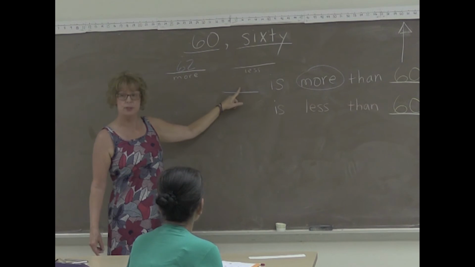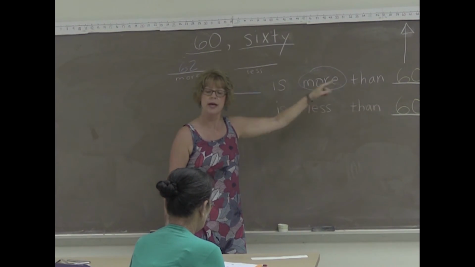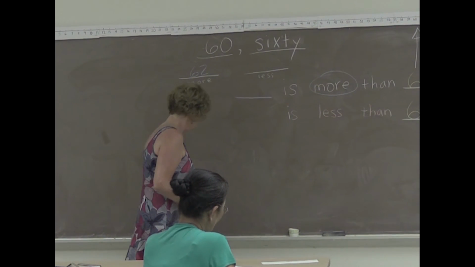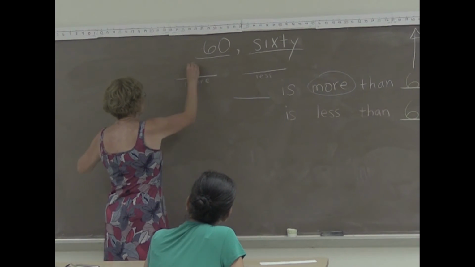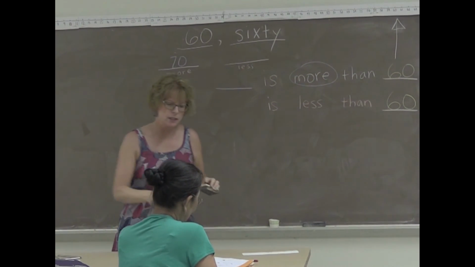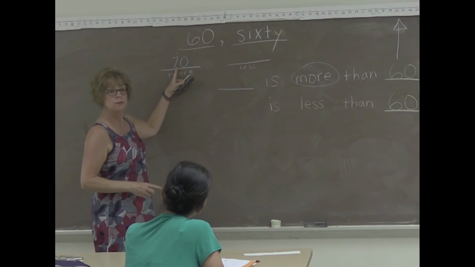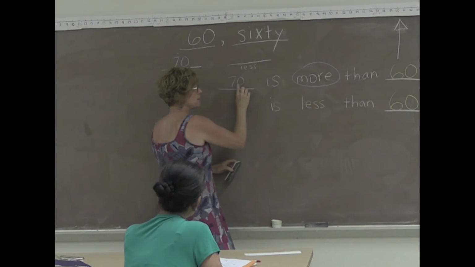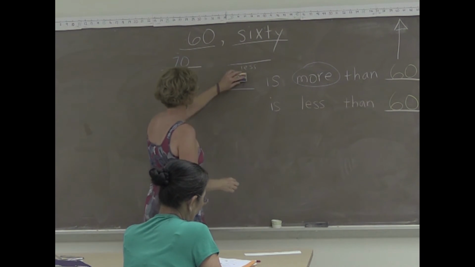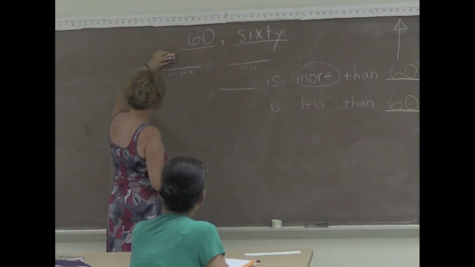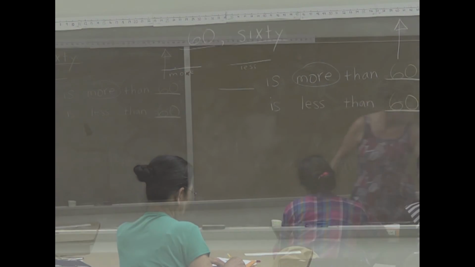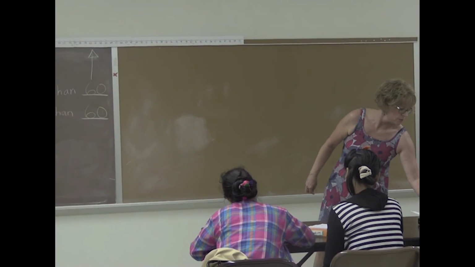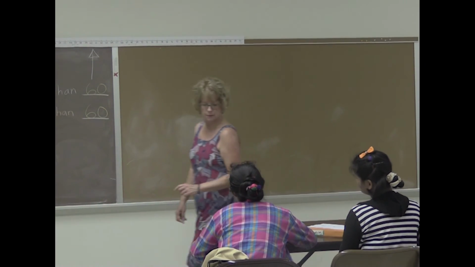So you will put number 62 is more than 60. Langway, what number do you have that is more? Do you have 60 or 70? 70. So 70, you will write the same number here because 70 is more than 60. Lepa, what number do you have that is more? 84 is more than 60.